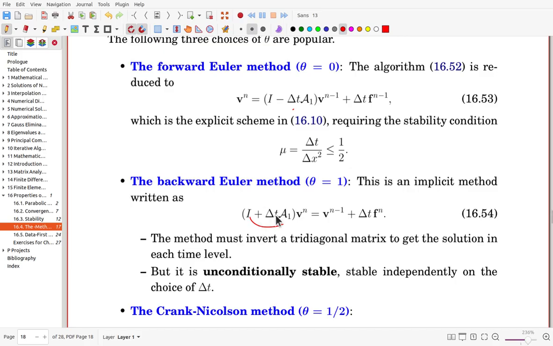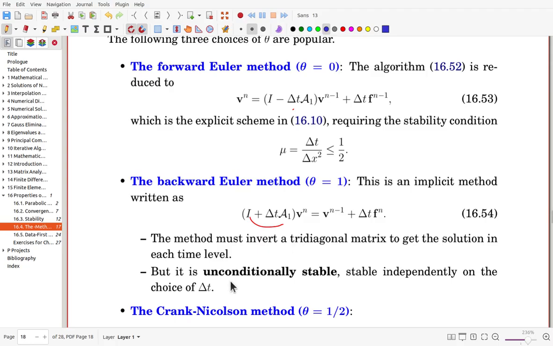However, along with this formula, you can choose an arbitrary delta t. Even though delta t is large, it is stable. For this algorithm, it's always stable.